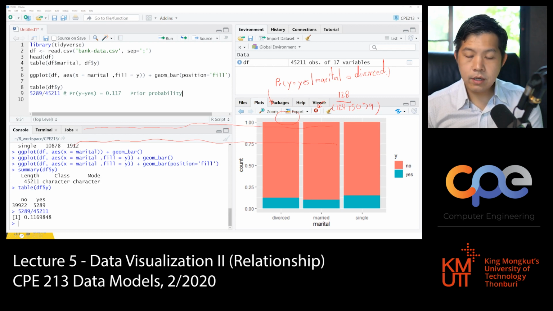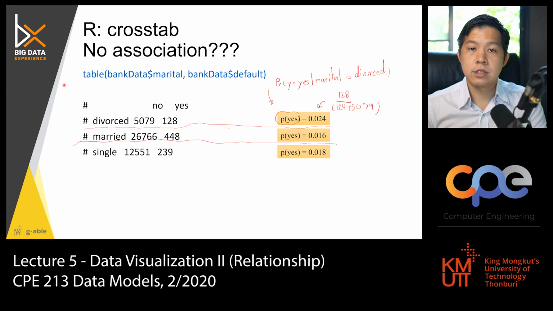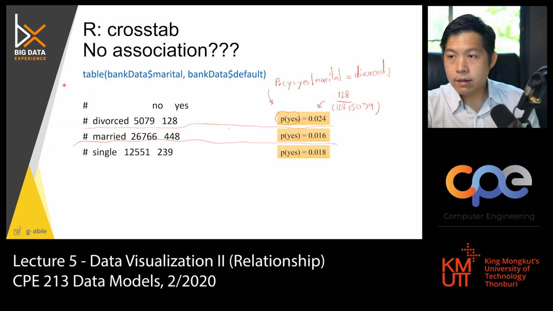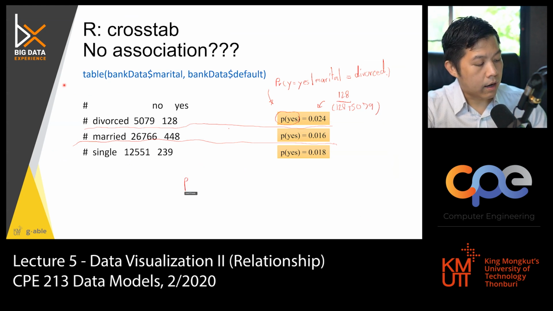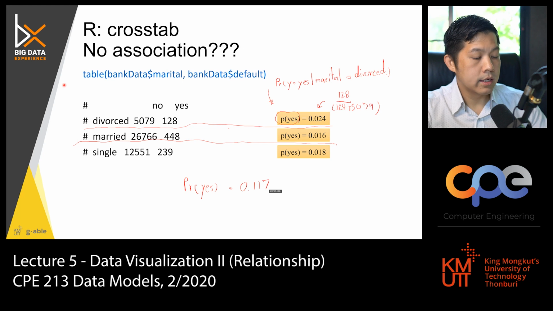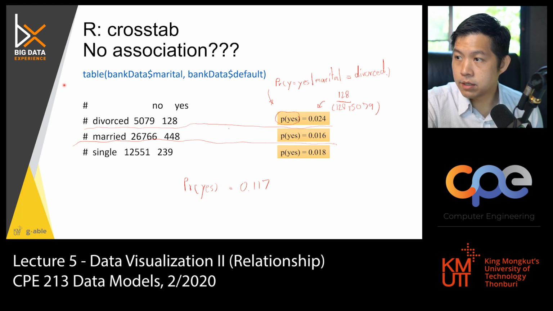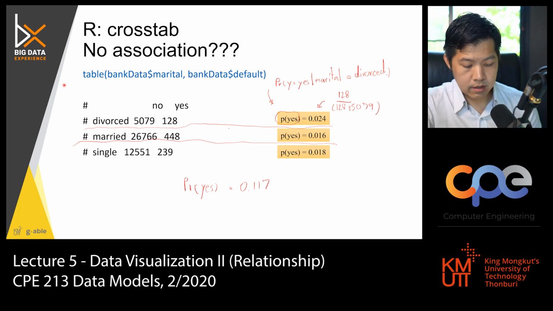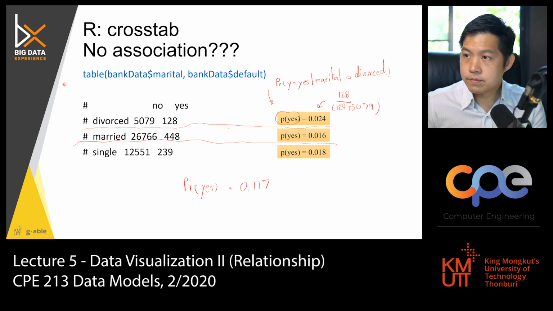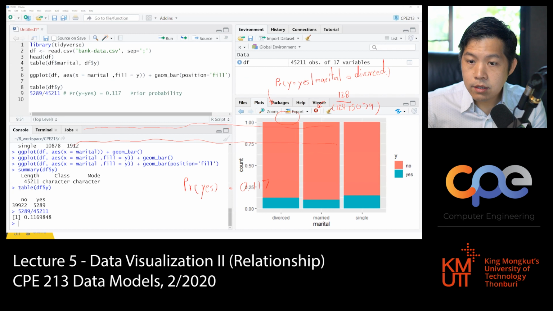Now, if we switch it back to this, we know that PR yes equals 0.117, but this one is 0.24, right? 0.024. Oops, I think I made a mistake here, possibly.